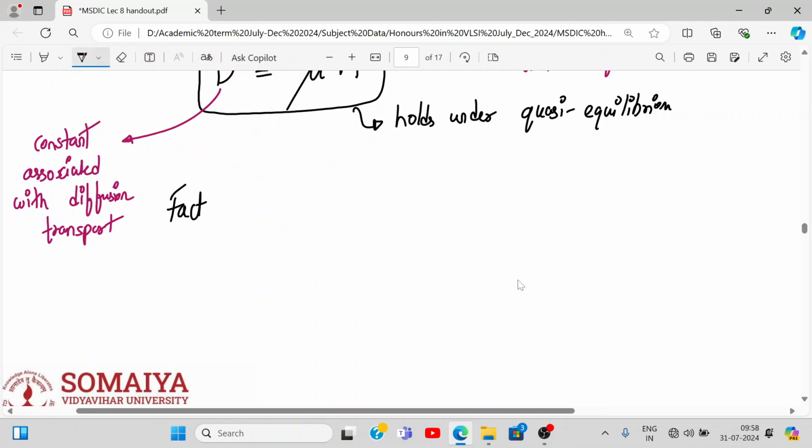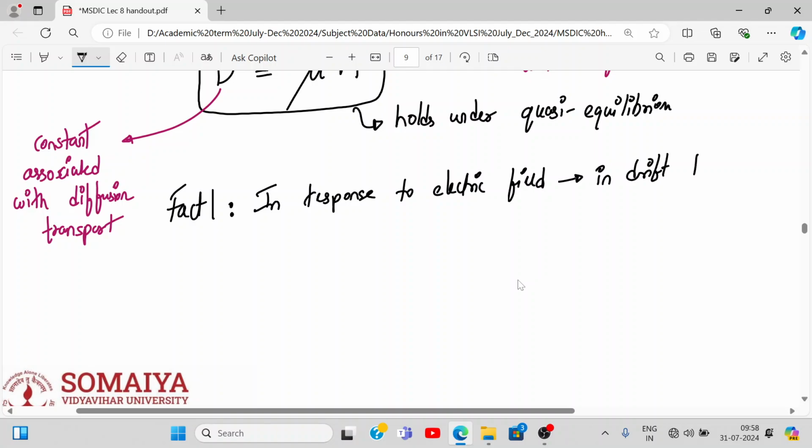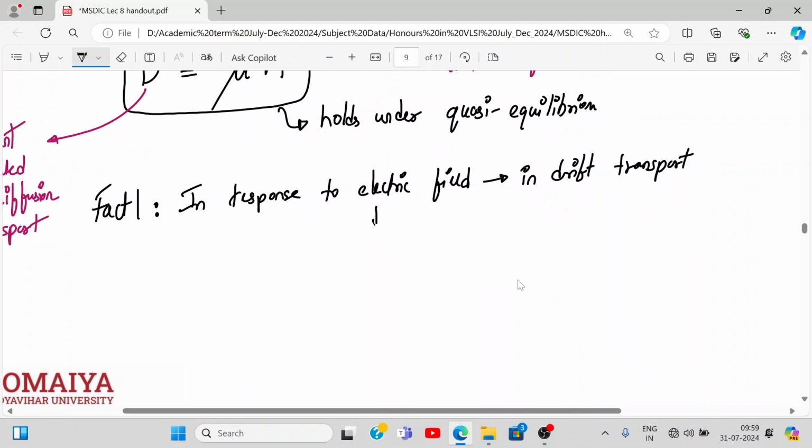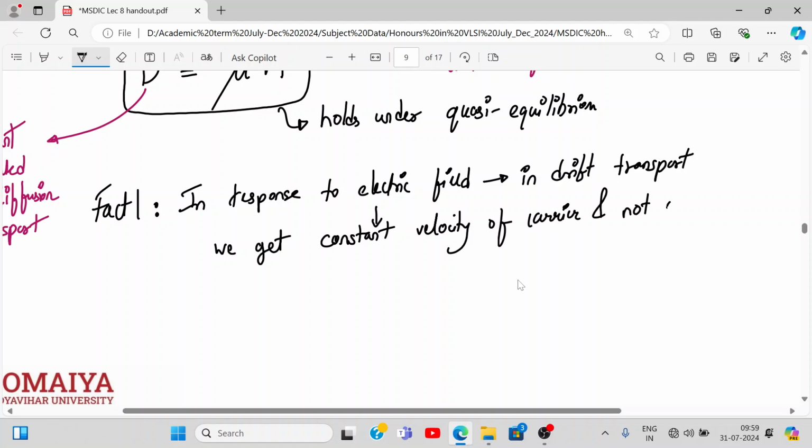Fact number one: in response to electric field, in drift transport, we get constant velocity of carriers and not acceleration.